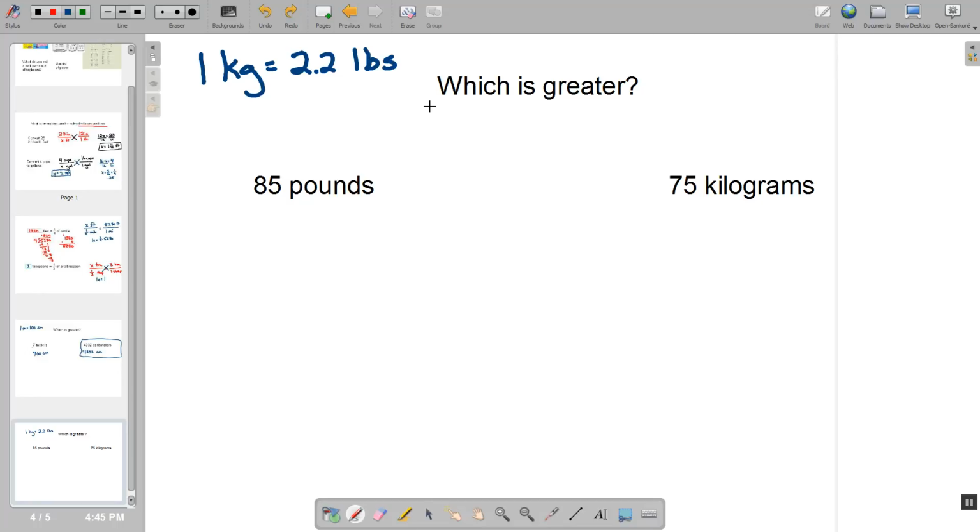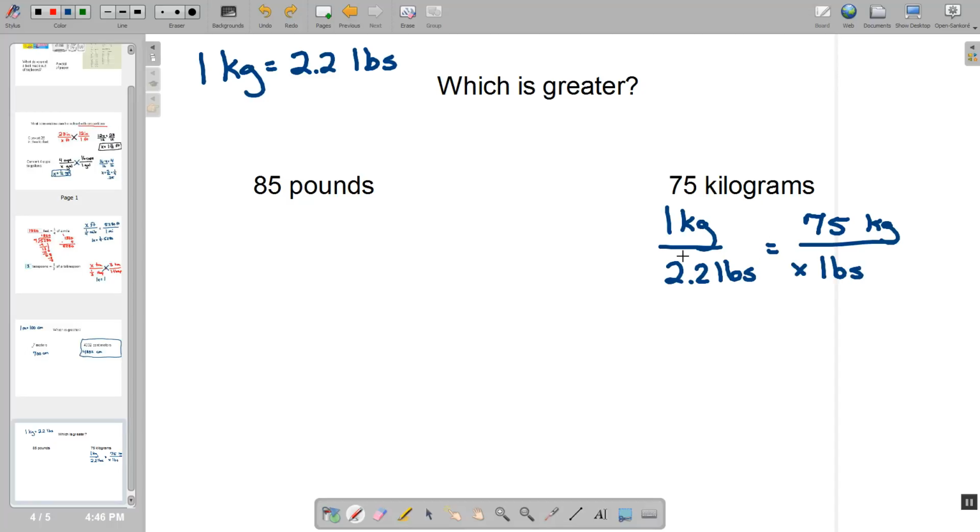So now I'm going to do the conversion, and I can do either one to the other. Personally, I'm just going to change kilograms into pounds because I'm more comfortable with that. If 1 kilogram is equivalent to 2 2/10 pounds, I want to know what 75 kilograms is equal to in pounds.